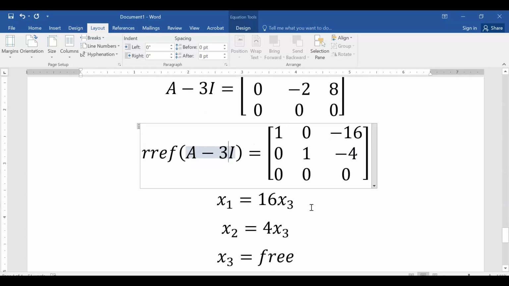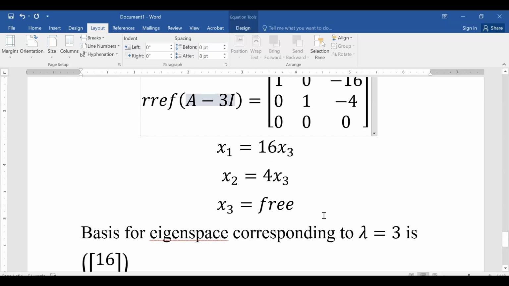Which general solution would say x1 minus 16x3 equals 0, x2 minus 4x3 equals 0. And what that means is that x1 would have to be equal to 16x3, x2 would have to be equal to 4x3, and x3 could be free. So one free variable here.